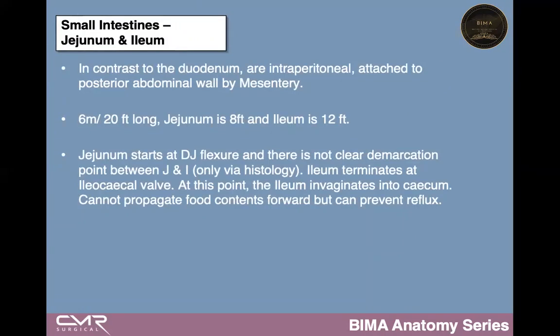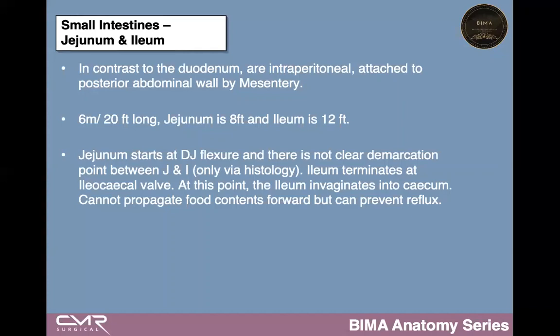So I guess you could work your way from the large colon all the way back up. But the only way to truly differentiate between the jejunum and the ileum, you can only do it by histology.